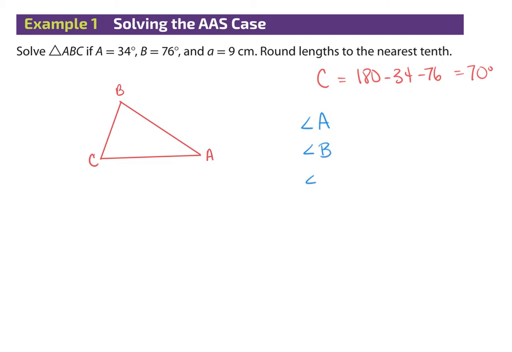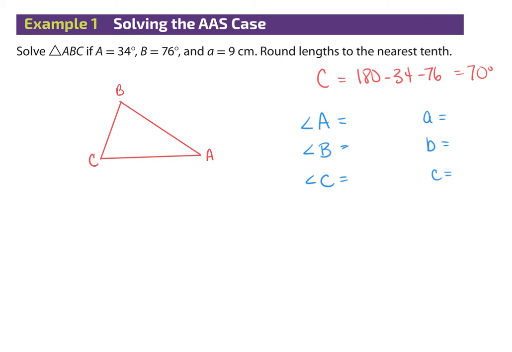And I'll give those measurements. Well, it helps to write the right angle. And I will say side length A, side length B, and side length C, so that I make sure I have filled in every piece of the triangle. That is how you solve a triangle.